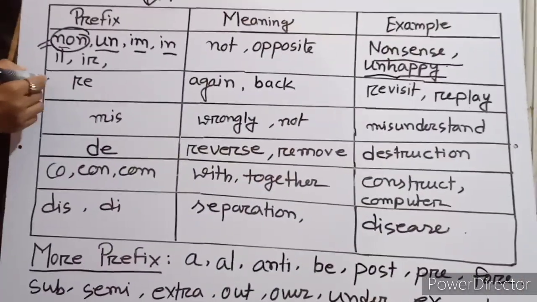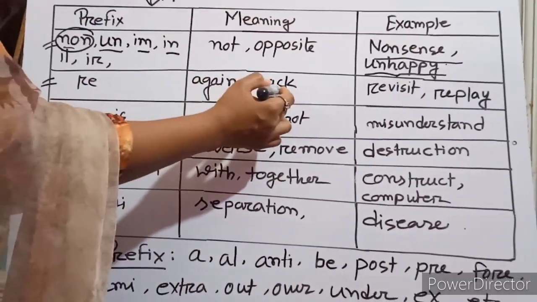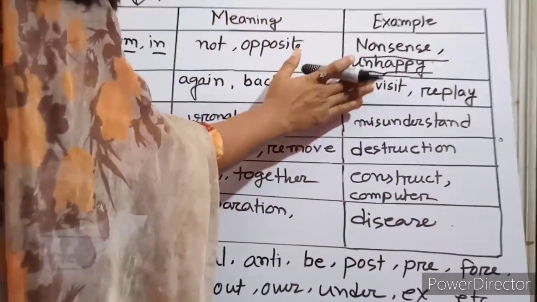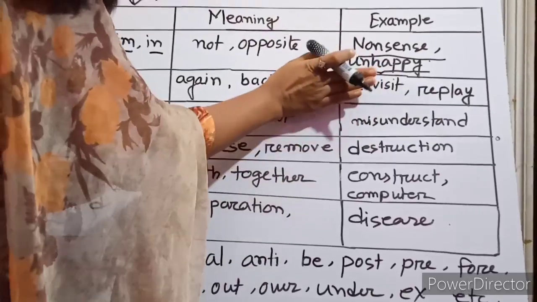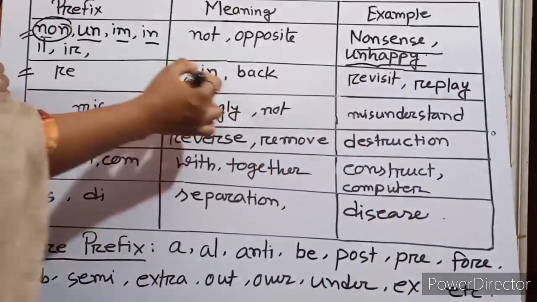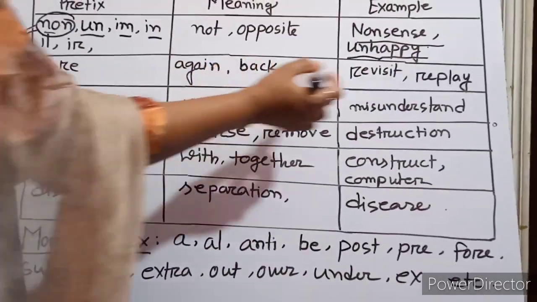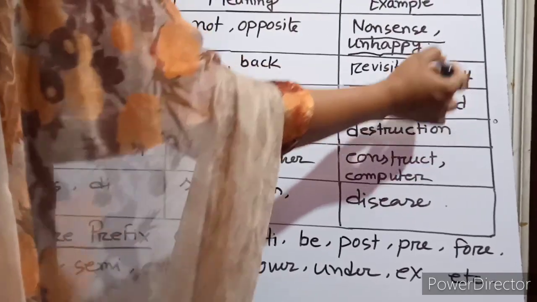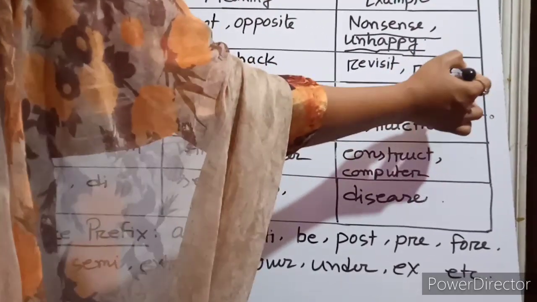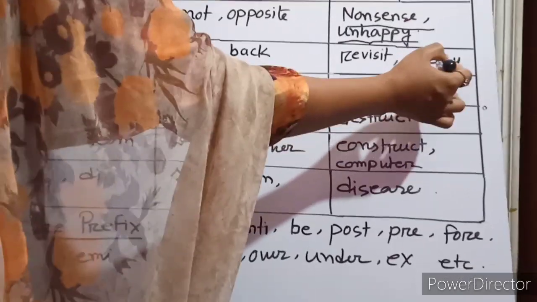Similarly, I want to show you re. That means again or back. Suppose my root word was visit and I use prefix re, so that means revisit, again or back. If the word was play and I used here re, so replay.